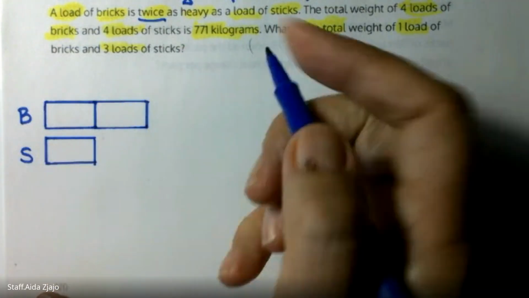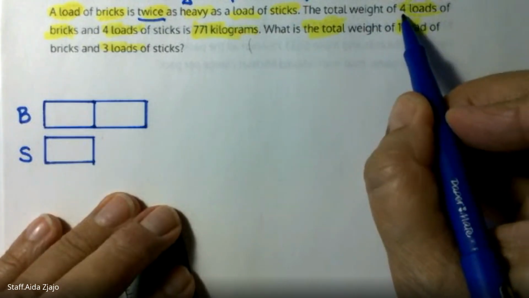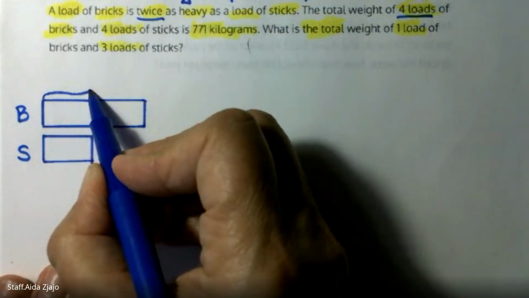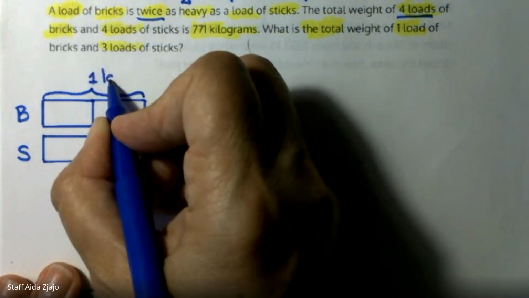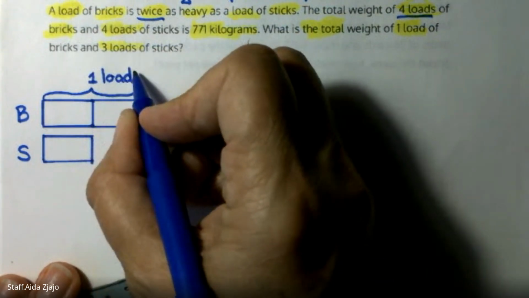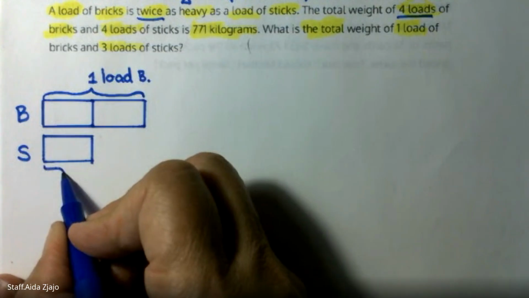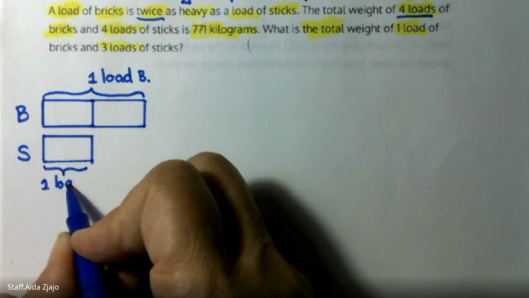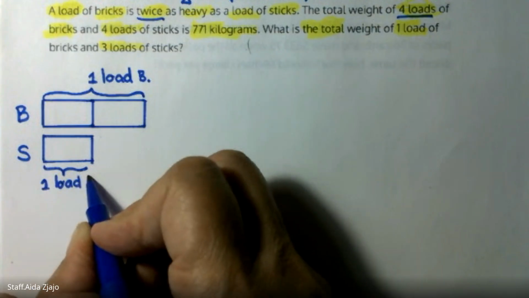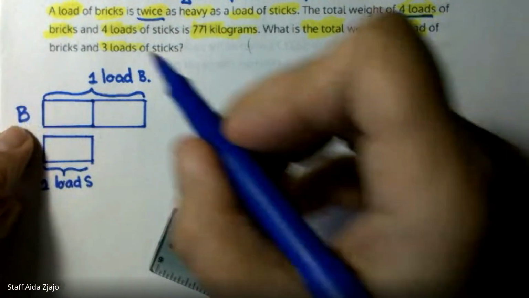So this is really 1 load of bricks and this is 1 load of sticks. And now they say the total weight of 4 loads of bricks. So I'm going to show you, this is one load of bricks, and then this is one load of sticks. Now they say 4 loads of bricks.